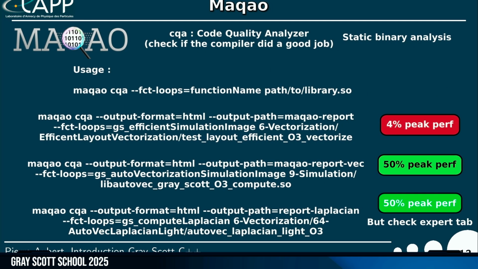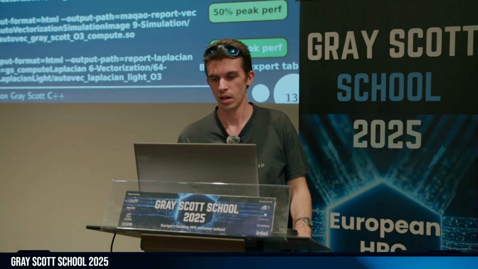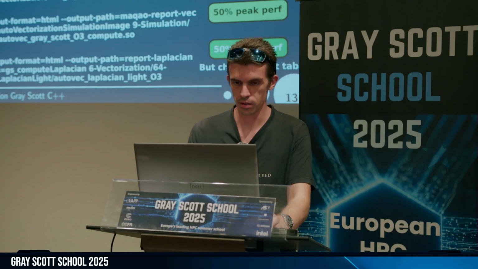So if I summarize this, we have really bad performances here, but here we have a nice performance. This is in the 6 vectorization, the 64 example with the auto-vectorized Laplacian instruction. So I invite you to pick this one, in the first exploration part of the project, and put this one inside.